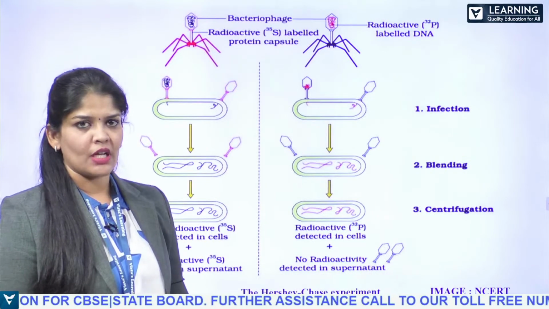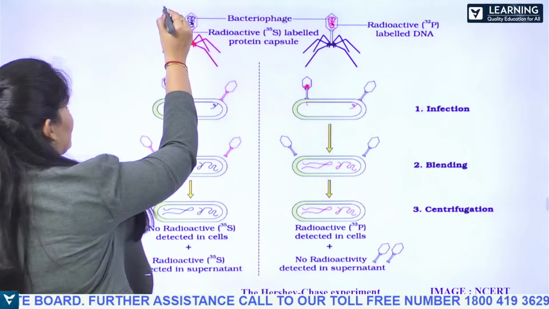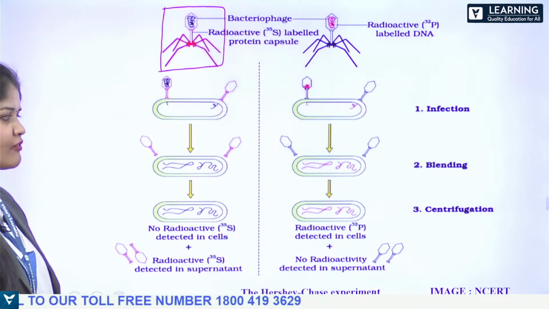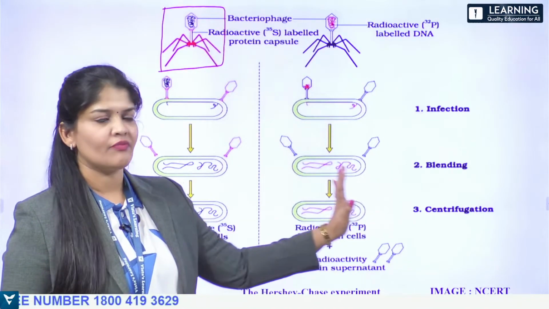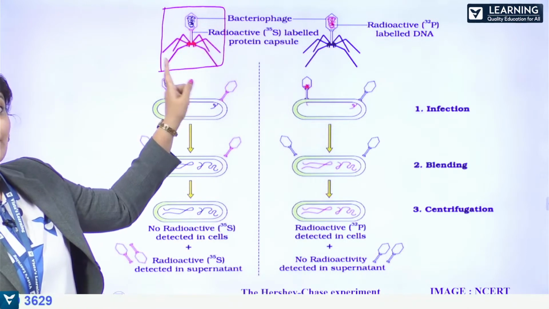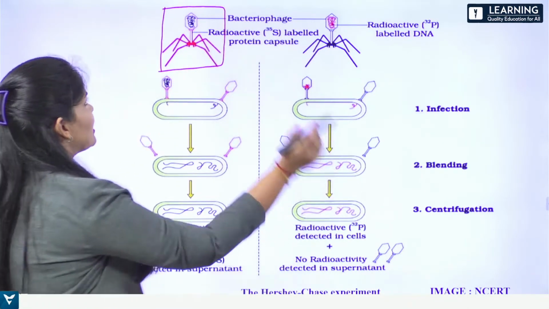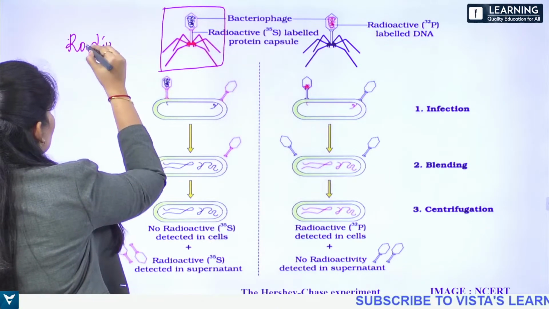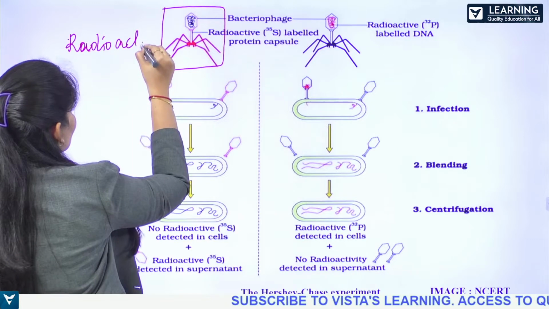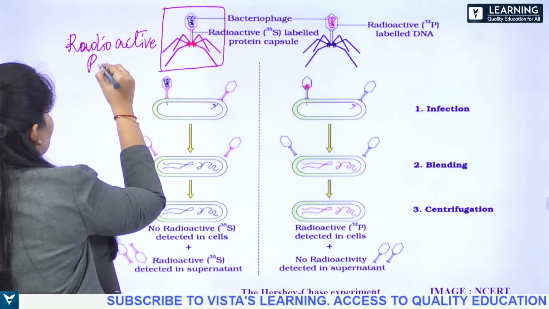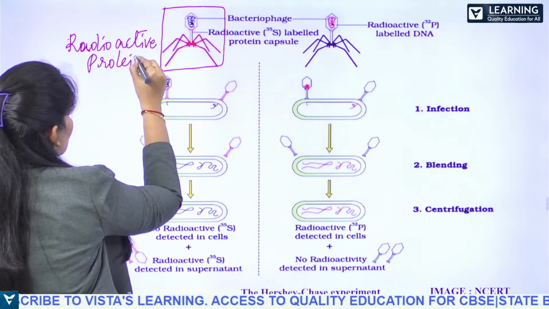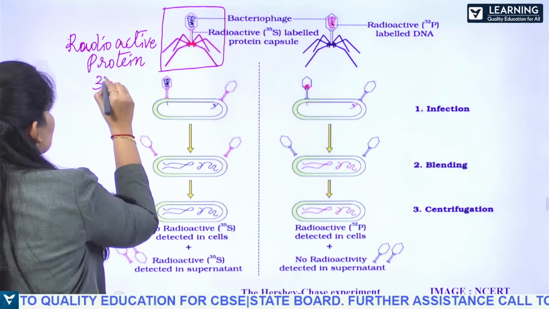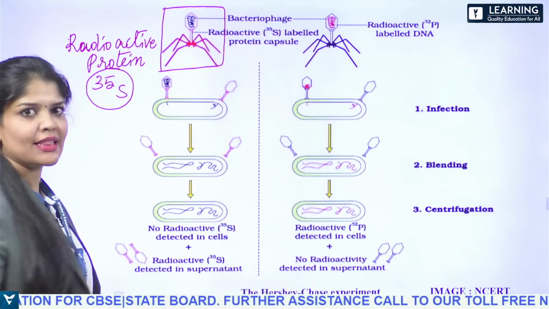Coming to here, this is the bacteriophage, right? We have taken two petri dishes where we'll get protein labeled. That is radioactive protein, that is sulfur 35.